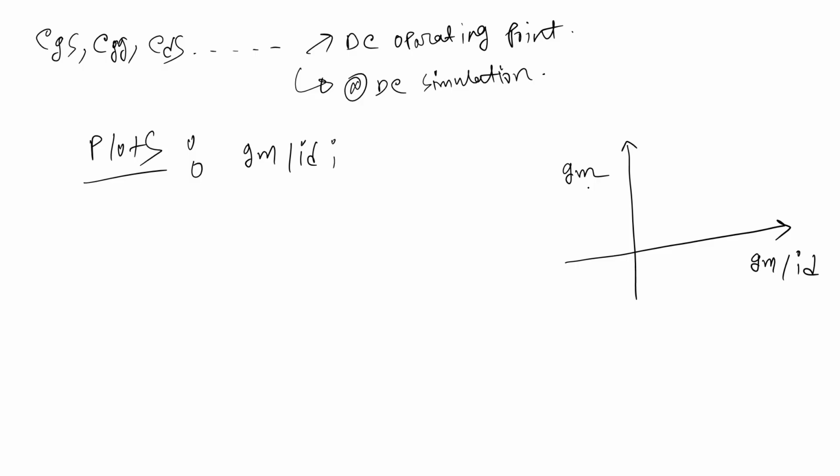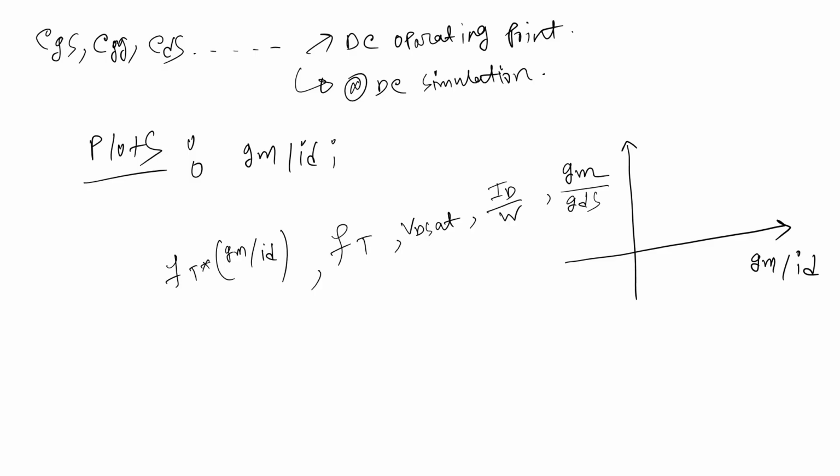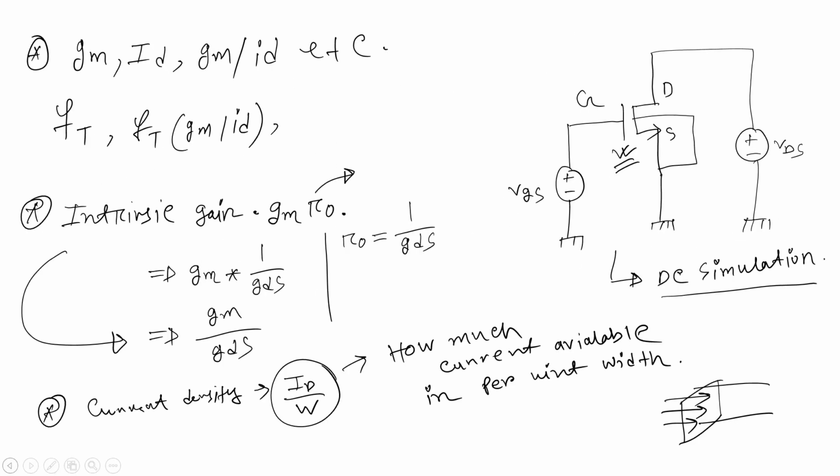This type of plot you may need, or you may need GM divided by GDS, or ID divided by W versus GM over ID, or VDSAT versus GM over ID, or FT versus GM over ID, and then FT times GM over ID versus GM over ID. So all the parameters you need to plot against GM over ID.